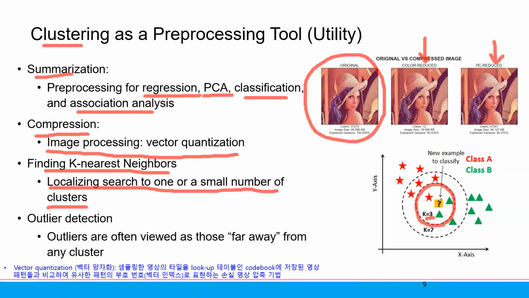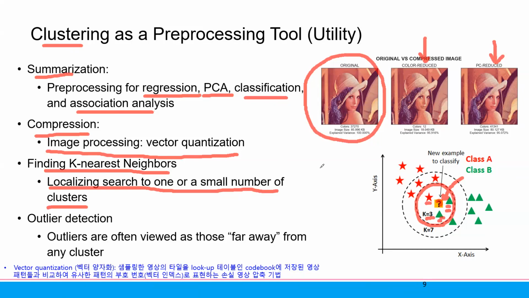Let's say I want to know whether this object is a triangle or a star. If K equals 3, the nearest neighbors equal 3, and because the dominant one is the triangle, then I can say that this object is a triangle.